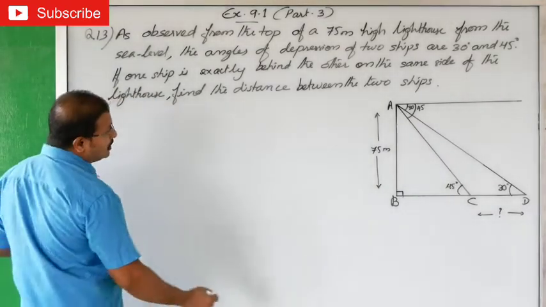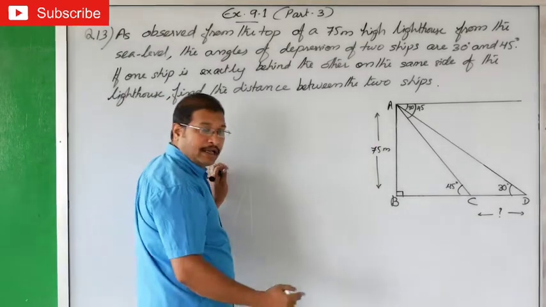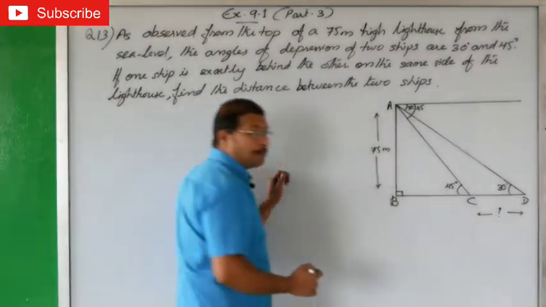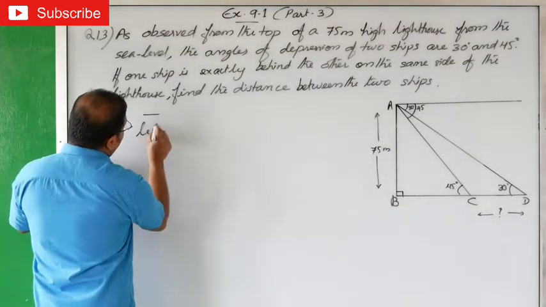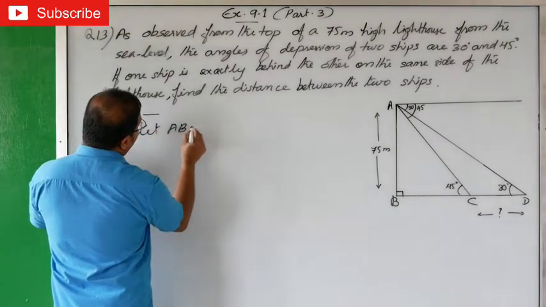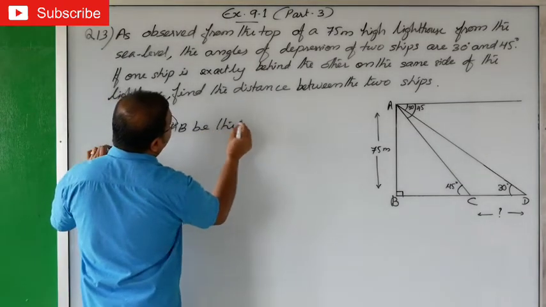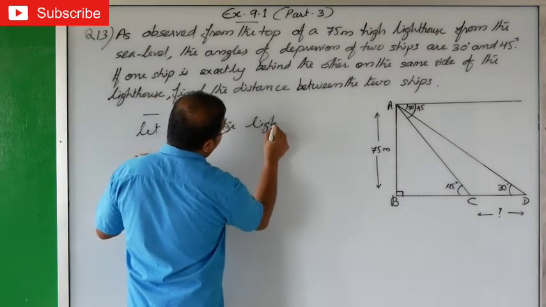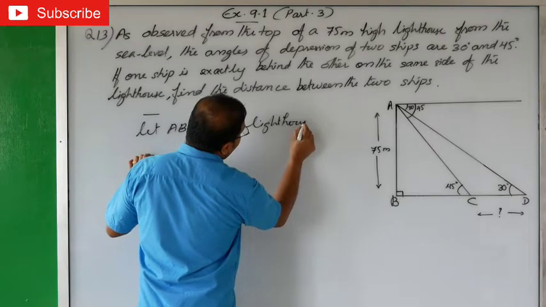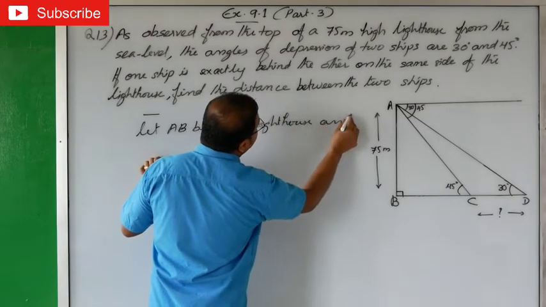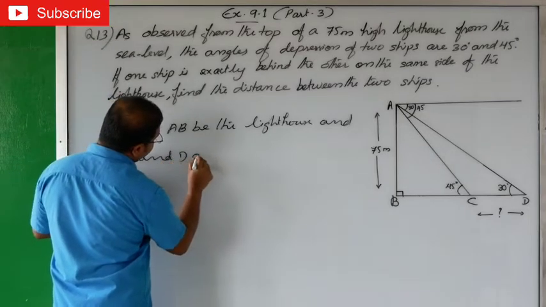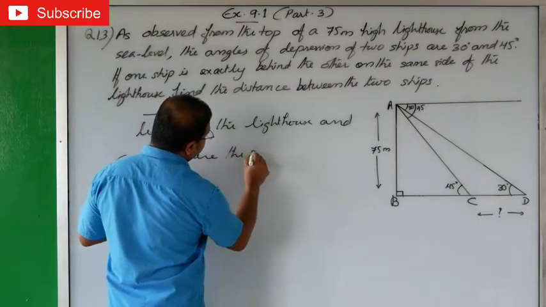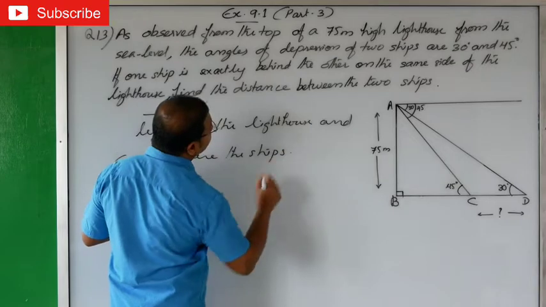So I am taking first AB be the lighthouse and C and D are the position of the ships. First we will write, let AB be the lighthouse and C and D are the ships.